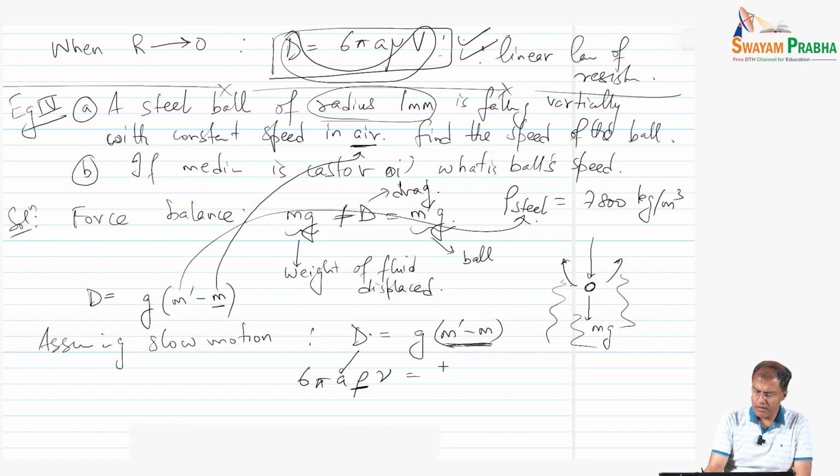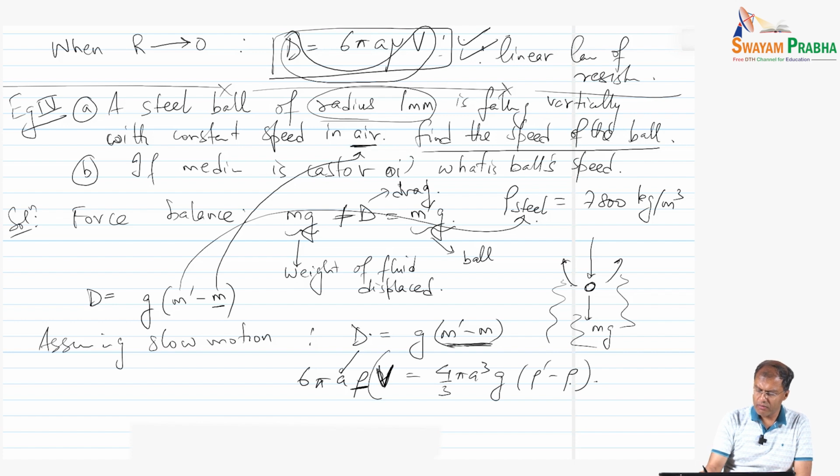These are all spheres, so the volume is 4 by 3 pi a cube, times g times rho prime minus rho, right, where rho prime is the density of the steel and rho is the density of the fluid. From here I can find v, the velocity of the ball. We need to find the speed of the ball.